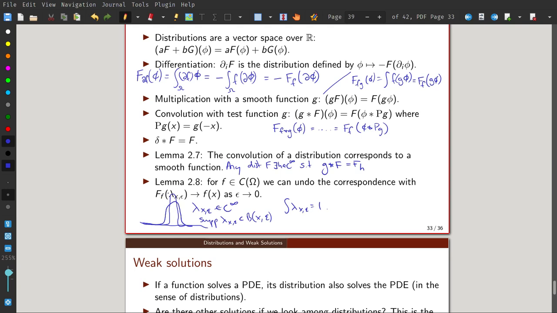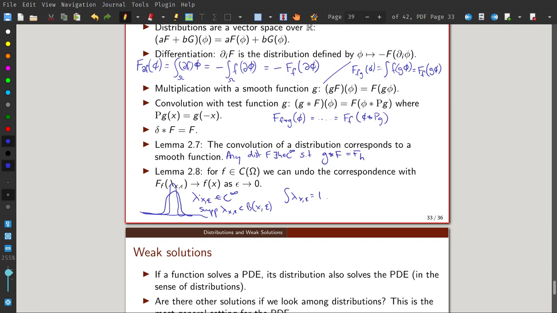And when you act a distribution on these functions and you take the limit as epsilon goes to 0, you'll get back the function that you started with if the distribution comes from a function. All right? If the distribution does not come from a function, you have no guarantee.